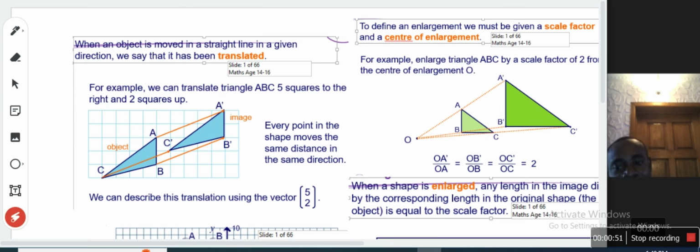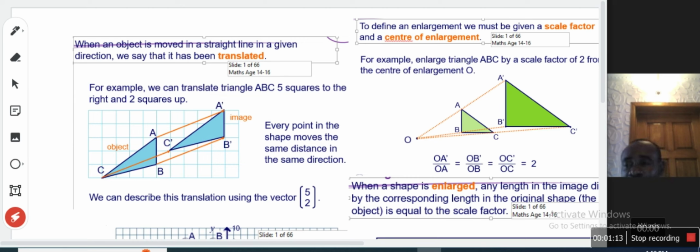Are you getting that? Yes. There's translation, there's enlargement, which of course is making bigger or even smaller. When we look at enlargement in detail, we recognize that enlargement can be making something bigger or even making it smaller.